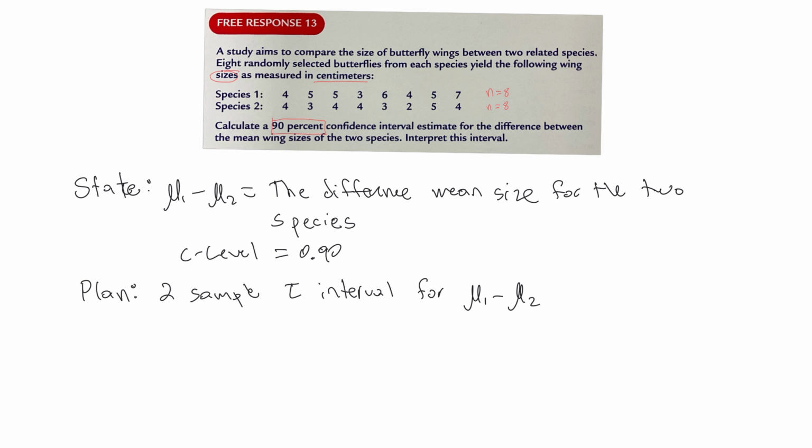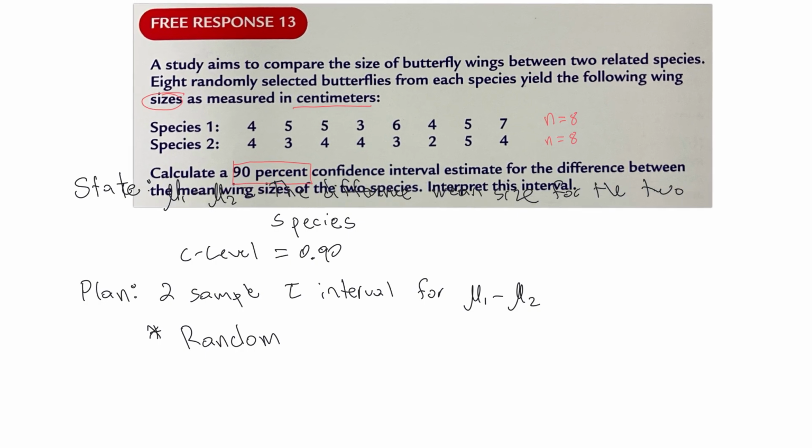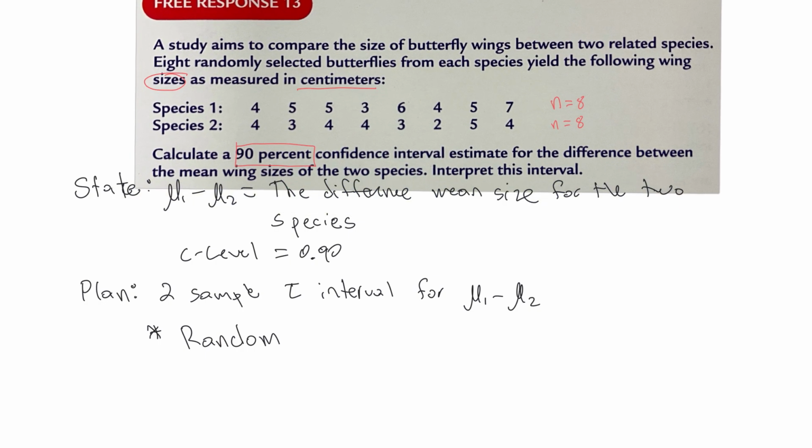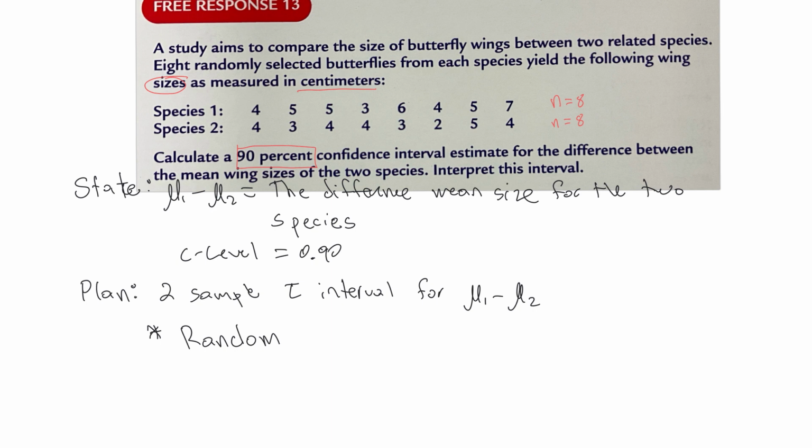But in this same plan step, you also have to check your conditions. One of the conditions is that you have to check that the samples are random. They do say, I'm just going to show you again, let me make the picture a little bit bigger. They do say that we have randomly selected butterflies. So right here, you have the word randomly.